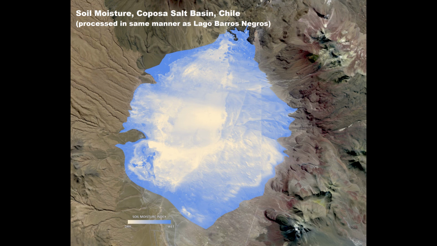Yeah, the relative soil humidity is different than the classification, because we use a particularity of the moisture: when you have more humidity in the soil, you have less reflectance in the near infrared bands.